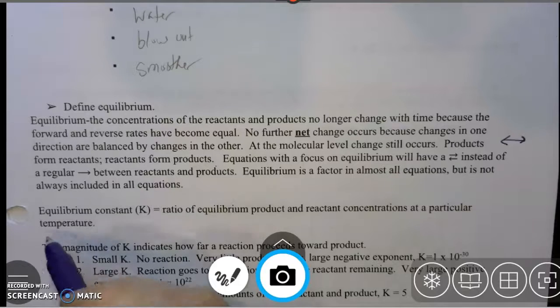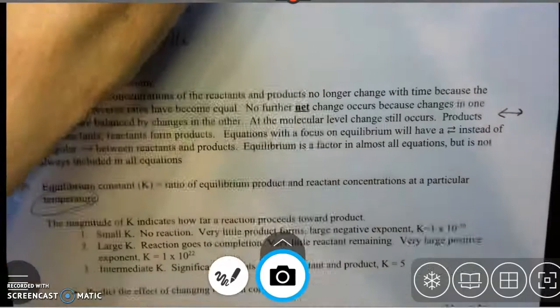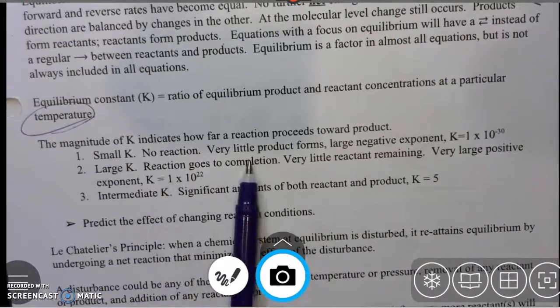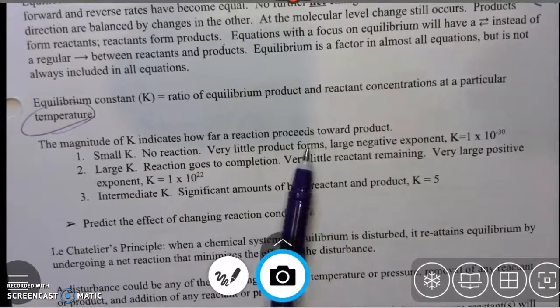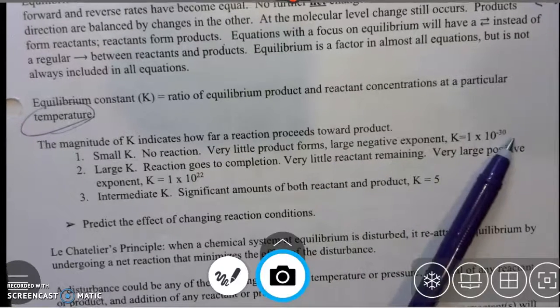So again, temperature will change what those concentrations are because the rate of reactions change with temperature as well. And then the numerical values of K. So if you have a very small K, there's no reaction, there's very little product formed, with large negative exponents, like 10 to the negative 30th.